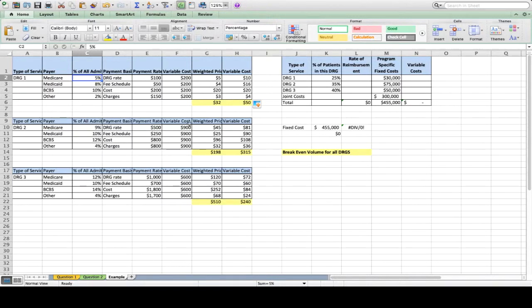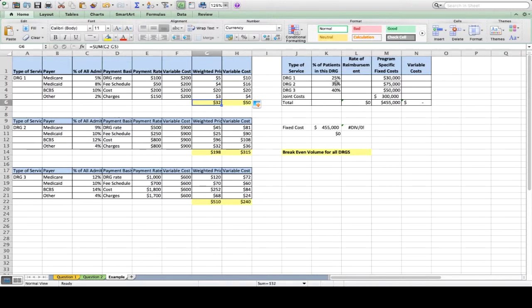So maybe this is a specific area, let's just say we're doing joint replacements. So these are just the DRGs for joint replacements. So we take the percent of admissions times the payment rate to get a weighted price. Ultimately, what we're going to do here is take these numbers.